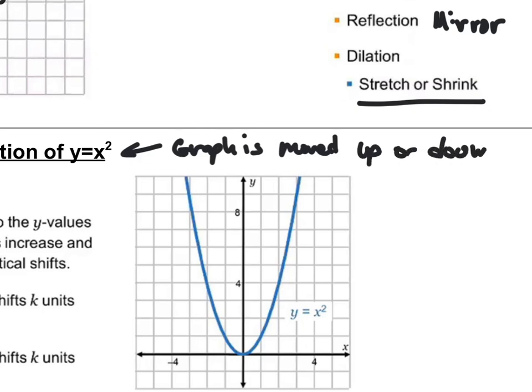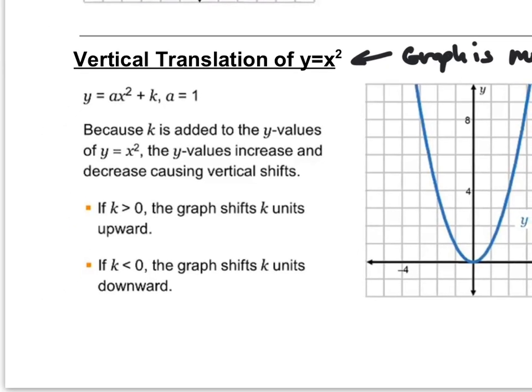And this one's really easy to spot. These are my favorite. If I have the function y equals ax squared plus k, where a is equal to 1, I'm going to rewrite this equation as y equals x squared plus k.